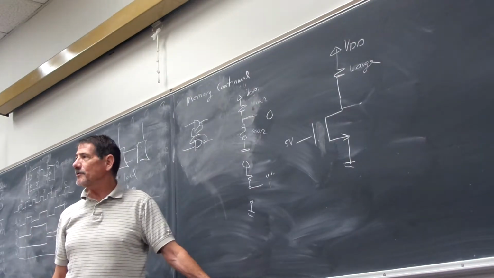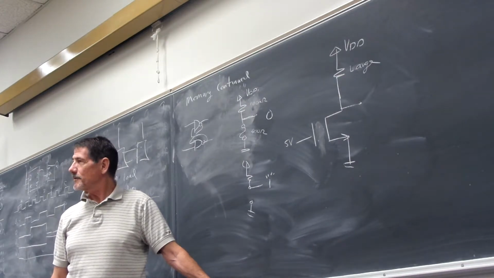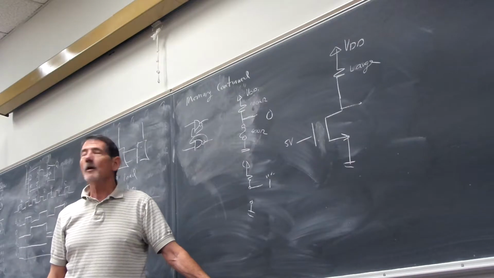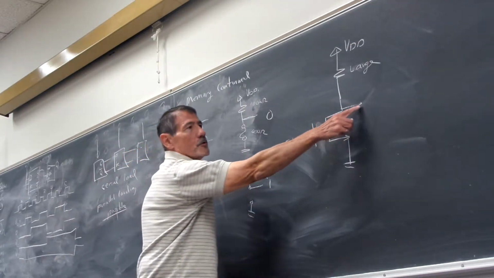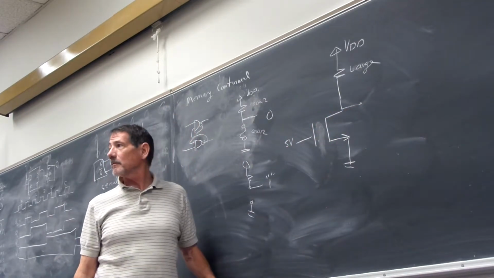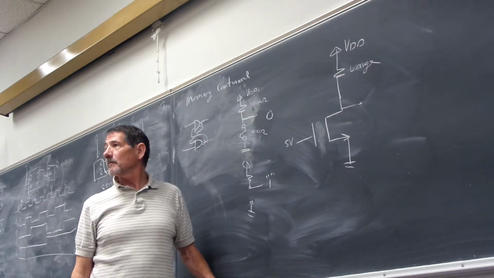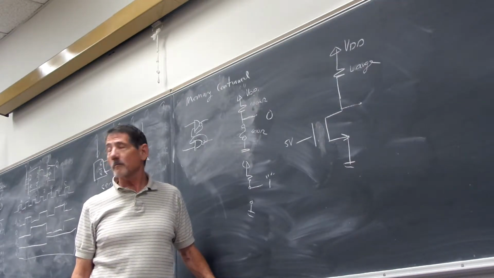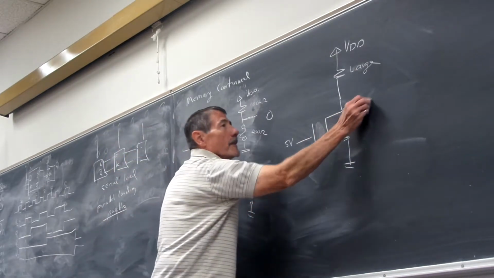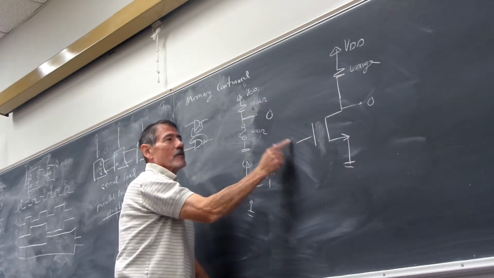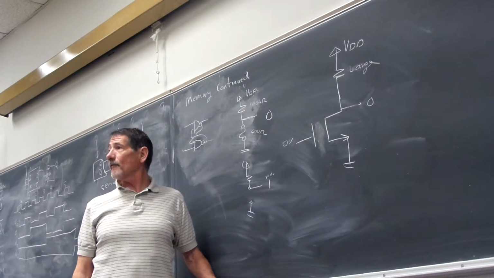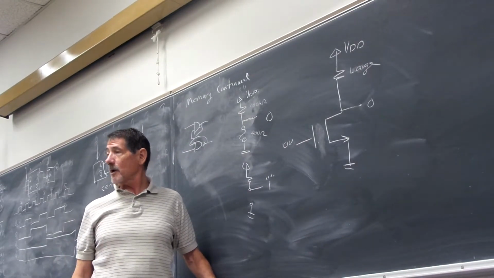Gate to source voltage? 5. On or off? On. Okay. So what voltage do I have out here? 0 again. Correct. And if I have 0 volts here, then the device is off and I have logic level 1 out there.